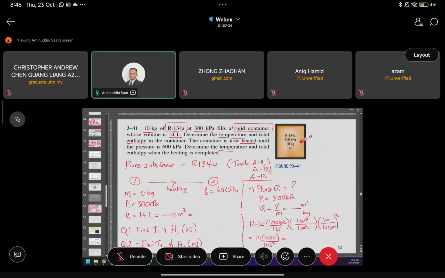Because 100 you want to change to the cubic, so you need to the power of 3. So how much is this? 14 times 1000 divided by 100 cubed.